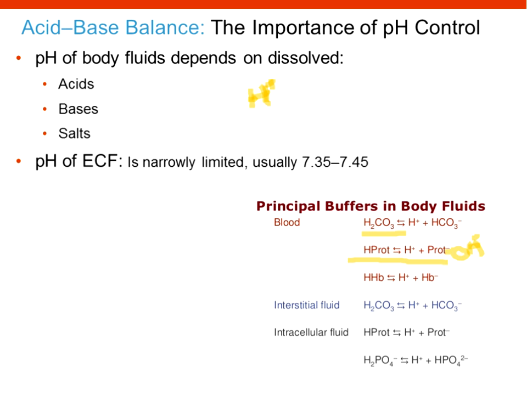The one thing to note is these proteins can be plasma proteins, so they're part of the extracellular fluid, or they could also be intracellular proteins inside red blood cells. All of the hemoglobin here is inside red blood cells. So it's a buffer for blood, a buffer for extracellular fluid, but it's actually inside cells, part of the red blood cell intracellular fluid.